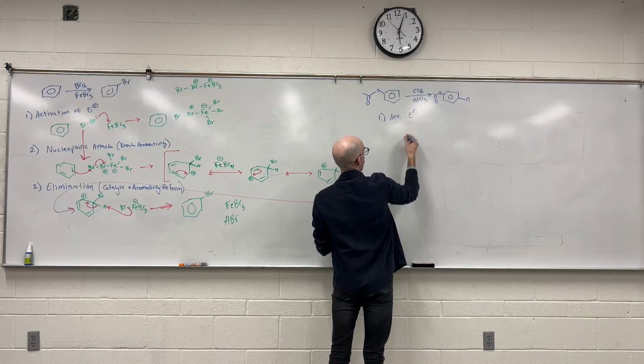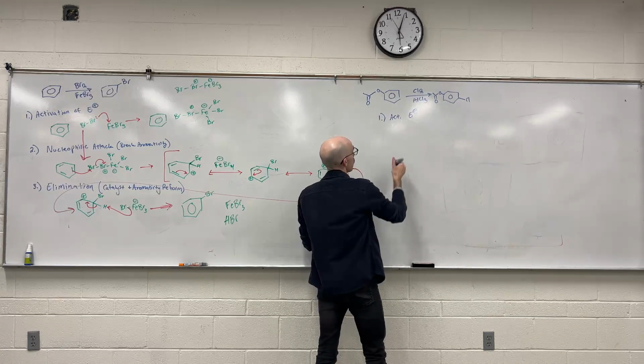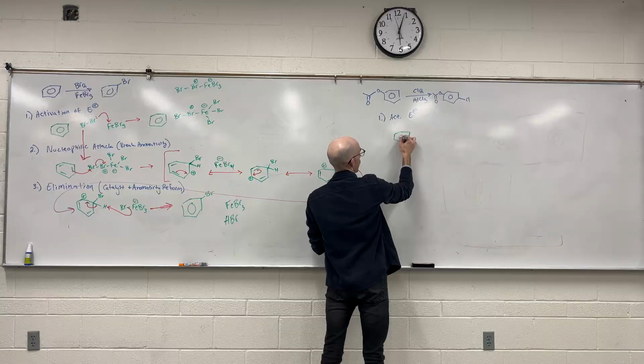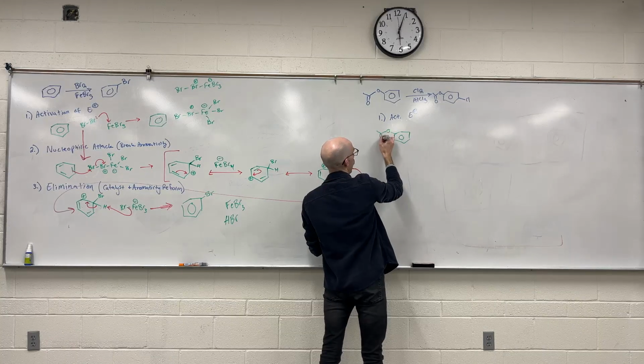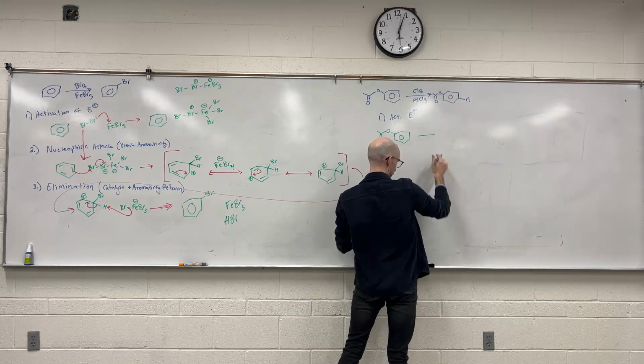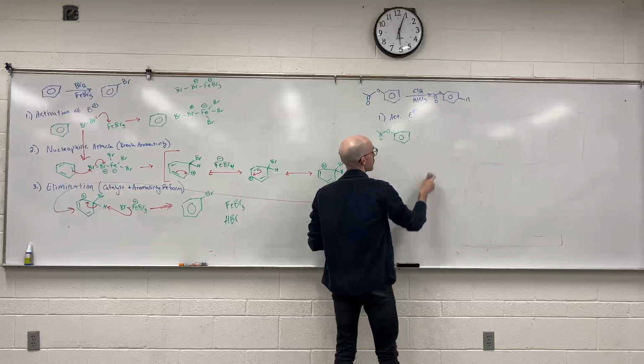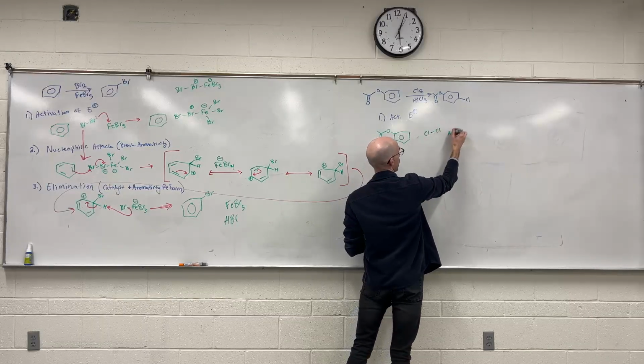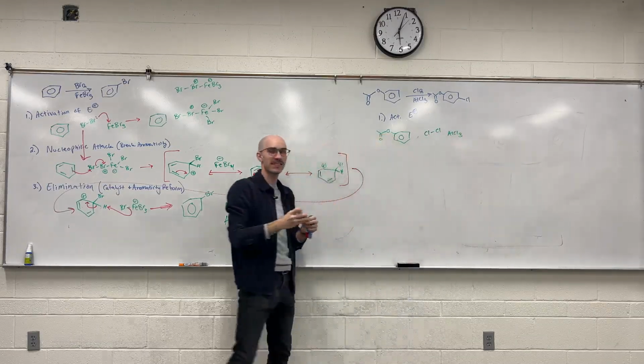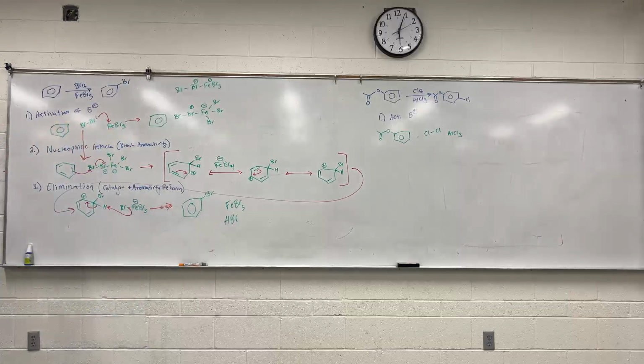Step 1, activation of electrophile. Once again, I'm going to draw my aromatic ring here, but it's not going to play a role because this first step is just chlorine and the catalyst. What do you suspect is going to happen? Make a comparison to something you already know.